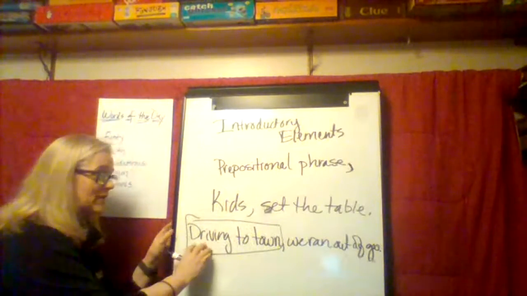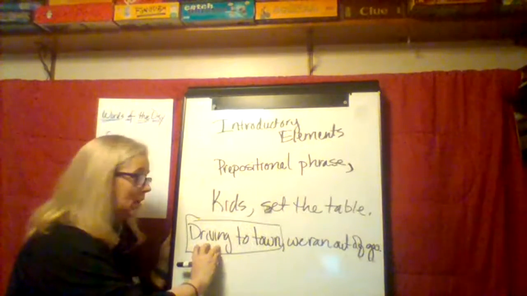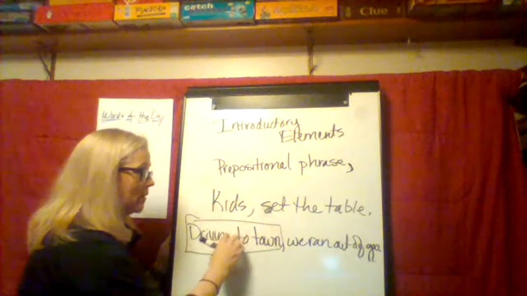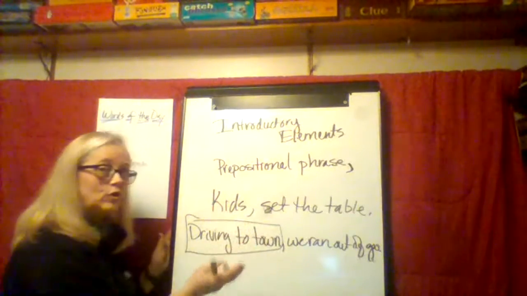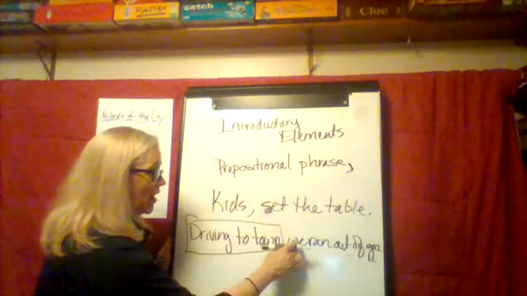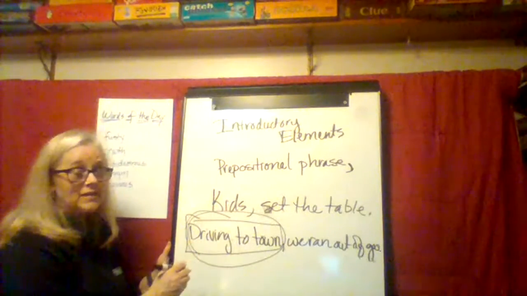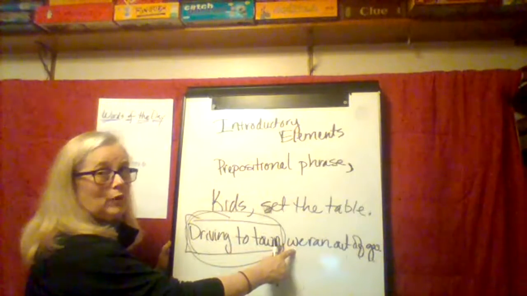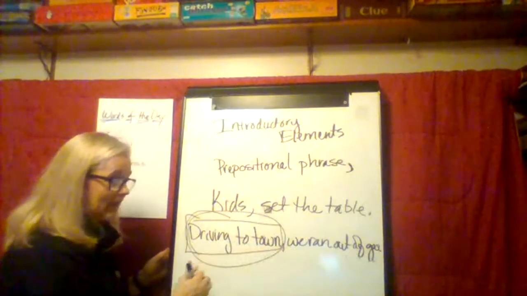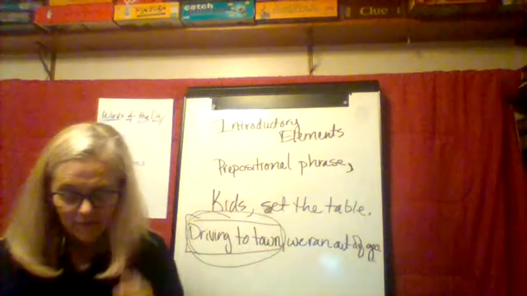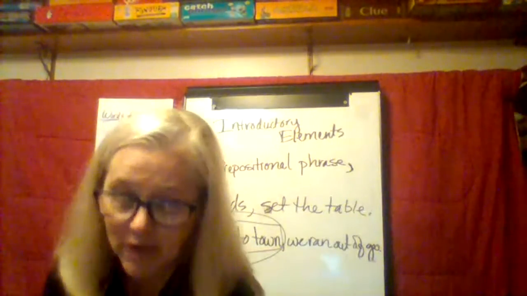A participial phrase is an ing verb, and it can have an object. So driving to town, who's driving to town? We are. So in essence, this participial phrase is describing we. Okay, so that's another example of an introductory element.